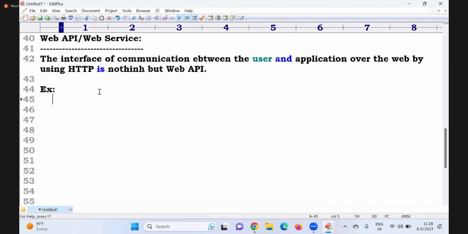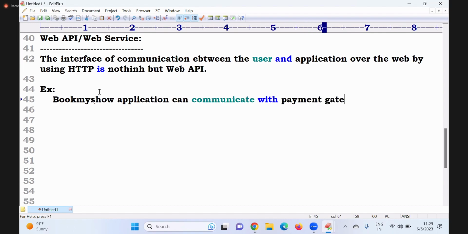That is the service provider. He is the service user. He can take the services from those. Then web API is required. That is one more example for web API. BookMyShow application can communicate with which one?